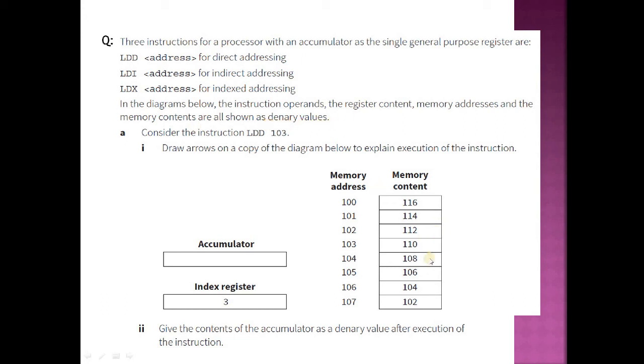Consider the instruction LDD 103. Direct addressing has been used, because this is load direct. Draw an arrow on a copy of the diagram below to explain execution of the instruction. So what is happening?